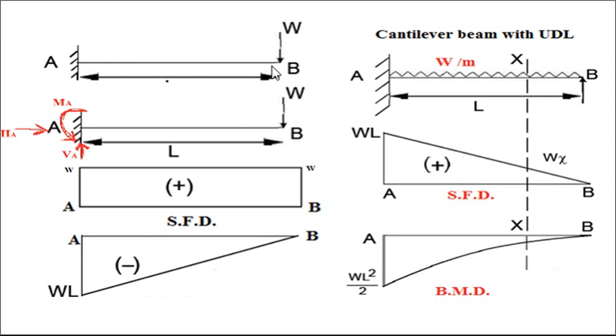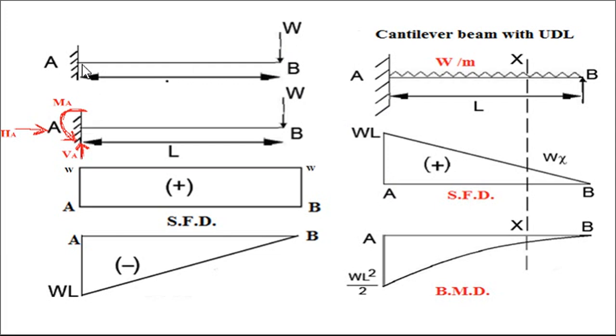If there are two supports, the load will be shared between them, and we don't know the exact value of the support reaction. But whenever there is one support, whatever load is acting on the beam is nothing but the reaction at the support. Similarly here, W is the reaction.